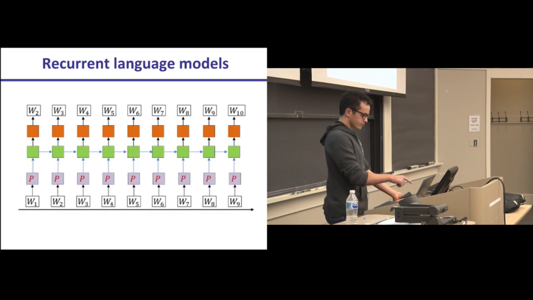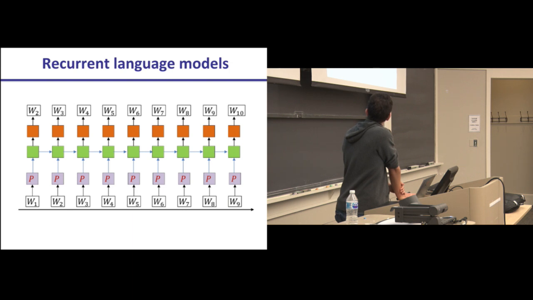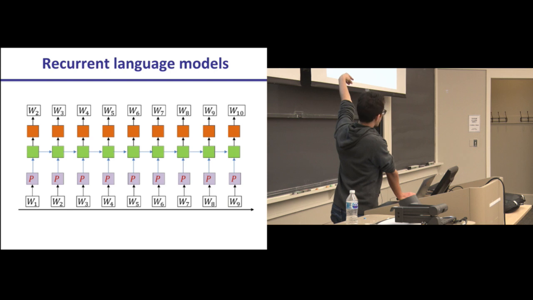So you'd get an input like this, or you feed successively, like here it's a y. You feed the y1 up to y9, and you try to predict y2 up to y10. In the middle, you've got your RNN in green. Before that, you have a projection layer because your words are represented by integers, usually, that are their indexes in the vocabulary.